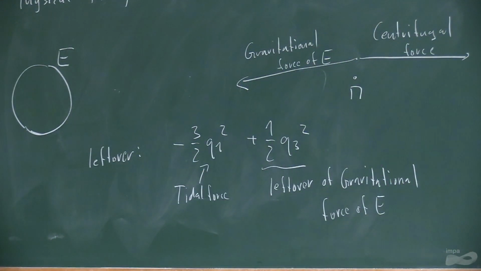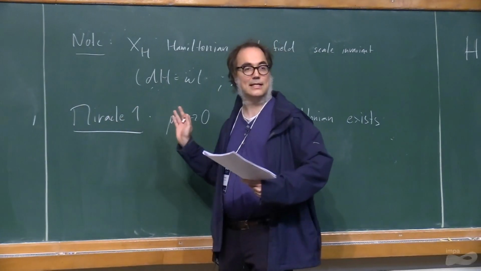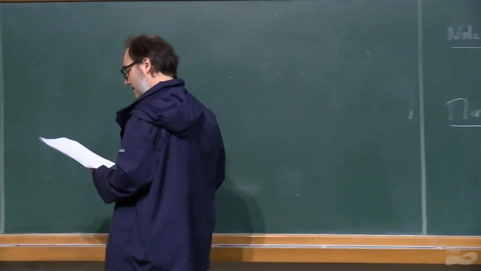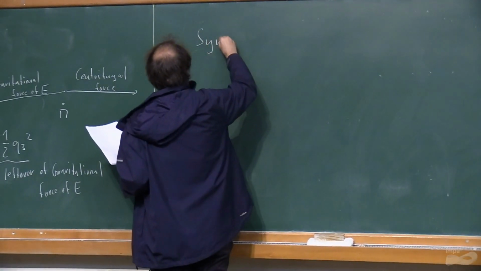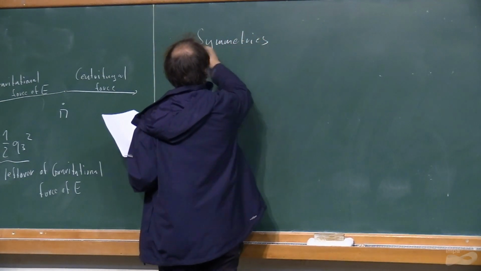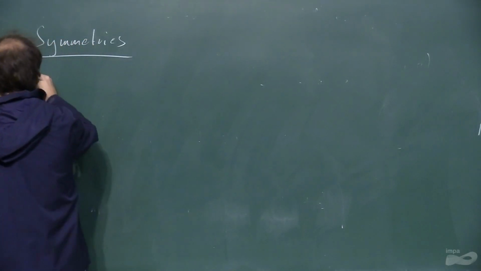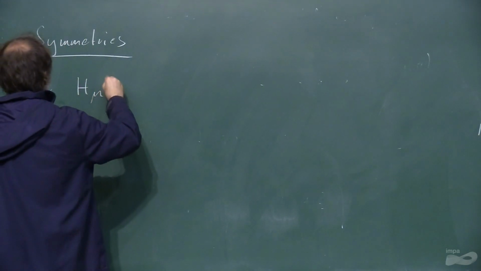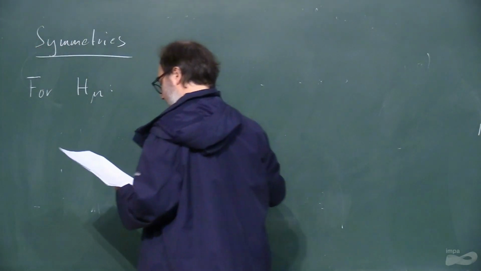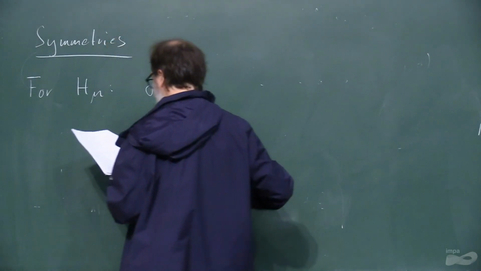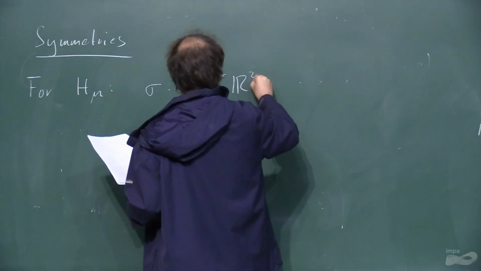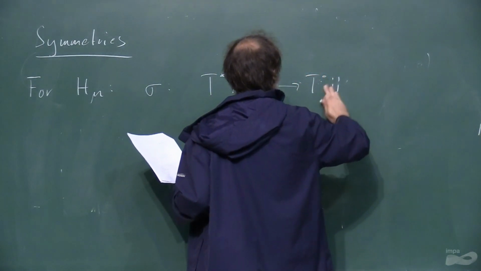Now let's look at the symmetries we have in this problem, and then we will see an additional miracle happen, which is quite far from obvious when we see how this appeared. So what symmetries do we have? For H nu, for the old one, we have first a symplectic involution sigma from T star R3 to T star R3.